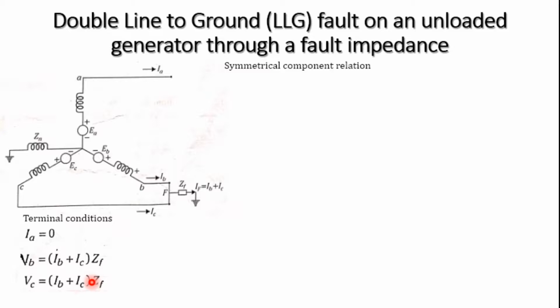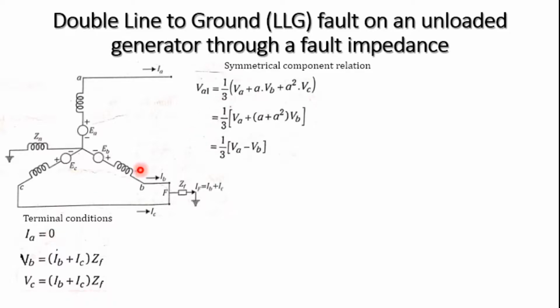So we have to calculate the symmetrical component relation. It is very difficult to decide whether to use the voltage or the current. But if you look at Vb and Vc, they look the same, so we are going with the voltage rather than the current.